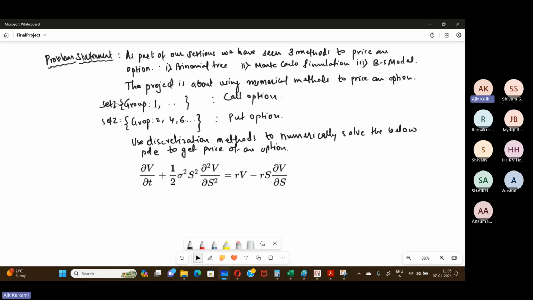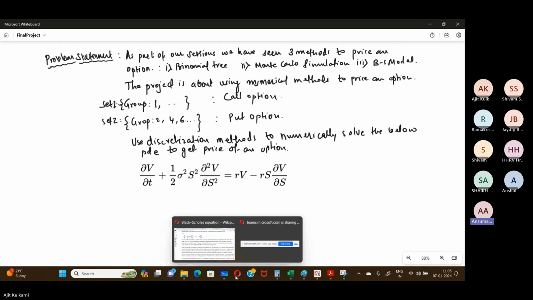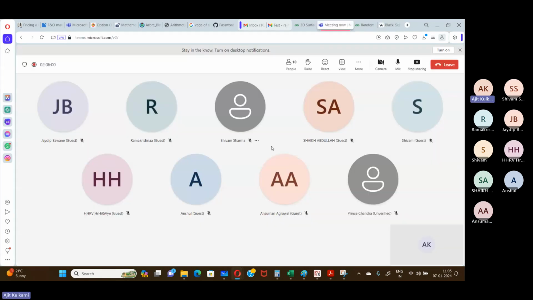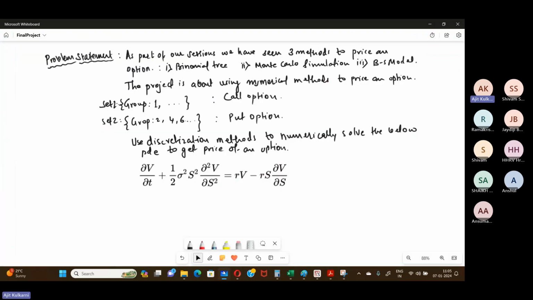Think through it. Looking at this PDE and using it to solve for the price of an option, I'm not asking for an analytical solution, no integration, no differentiation, nothing. Just numerically, what will you do to get the price of an option?